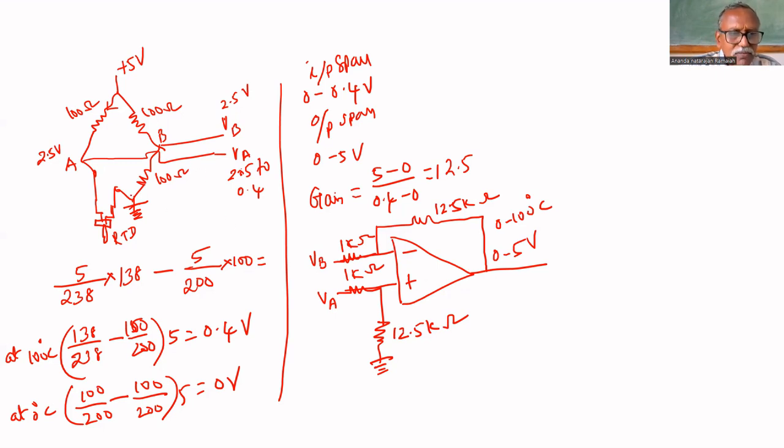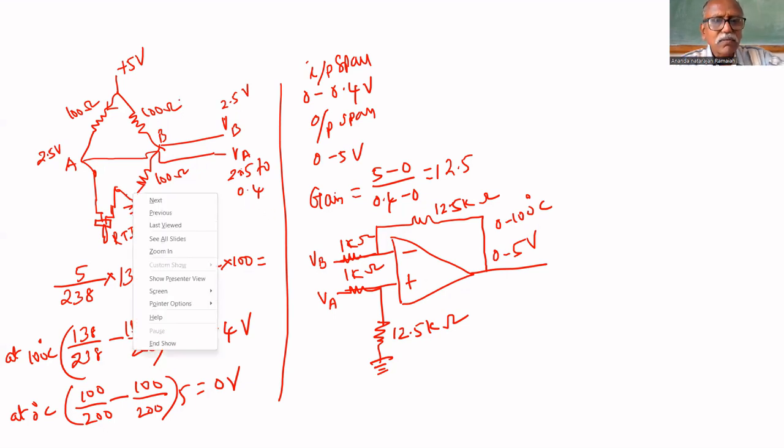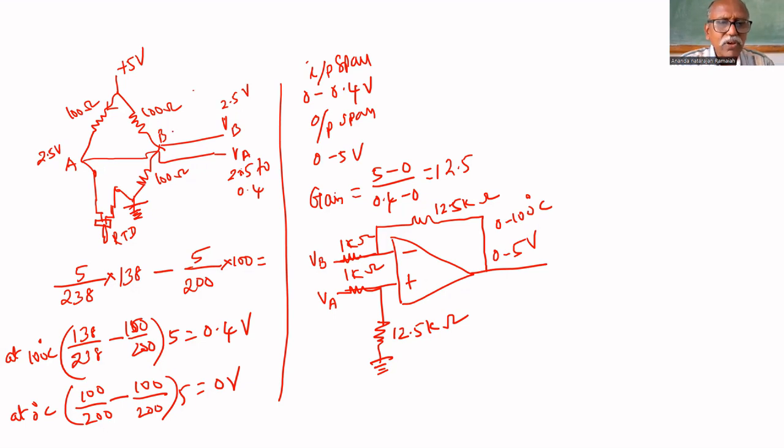If you use that, this end is grounded. This end is grounded. This end is grounded. That's why you cannot ground the reference B. That's why we need a differential amplifier. Its output is 0 to 5 volt.